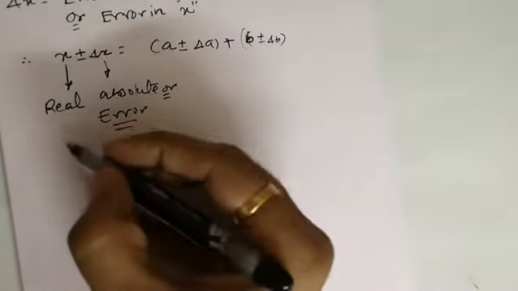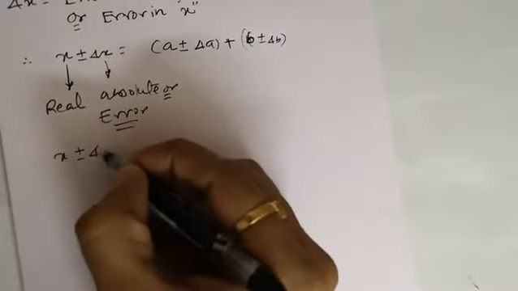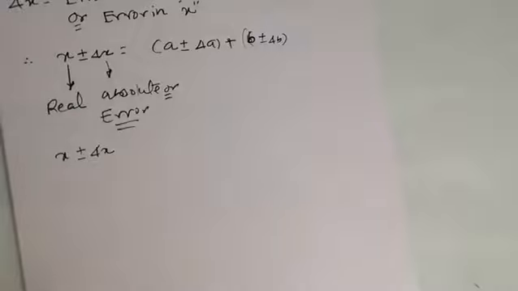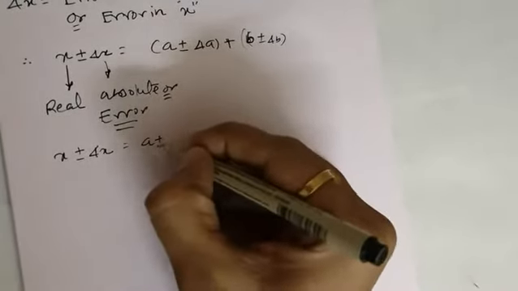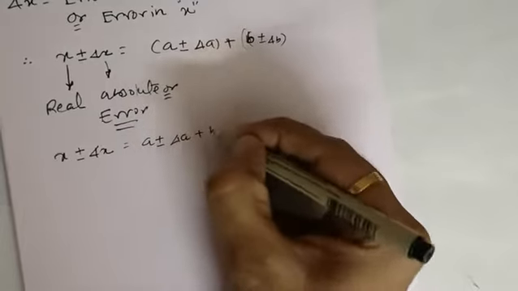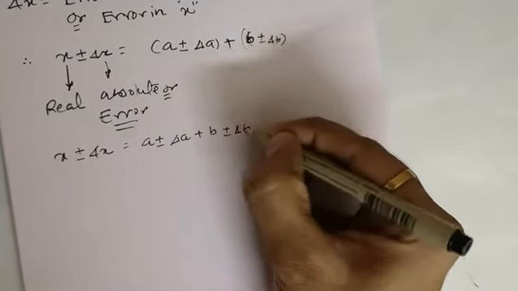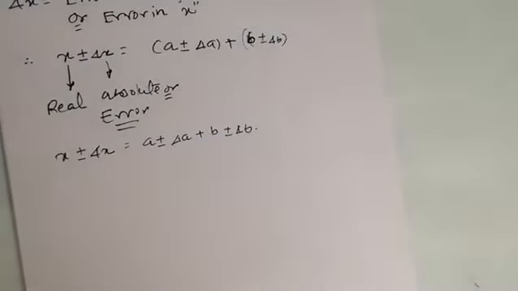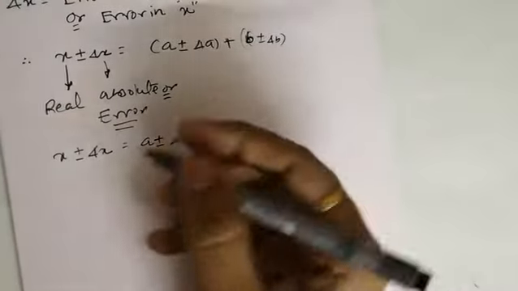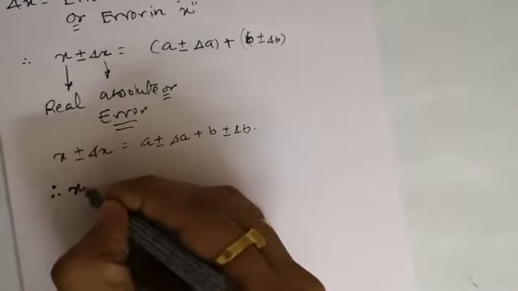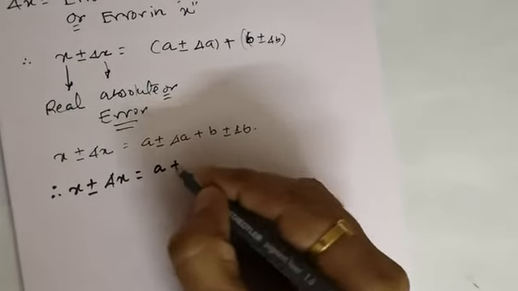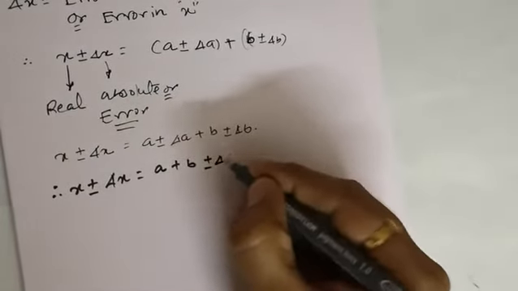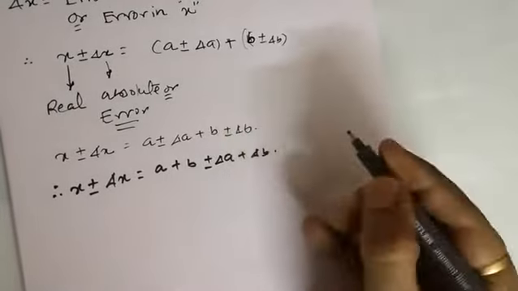So right now I am arranging these terms. x plus or minus delta x is equal to, I am opening this bracket for you, a plus or minus delta a and b plus or minus delta b. So what we have observed here is that arranging these terms gives x plus or minus delta x equals a plus b, plus or minus delta a and plus or minus delta b.